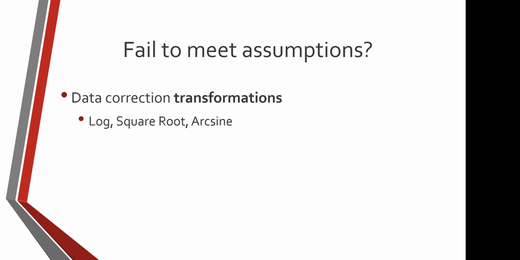So each of those has their own little niche category of data that it can be used on. And the nice thing there is that you're applying that transformation to all of the data points.